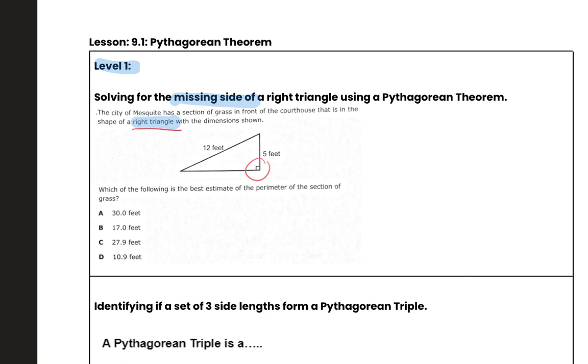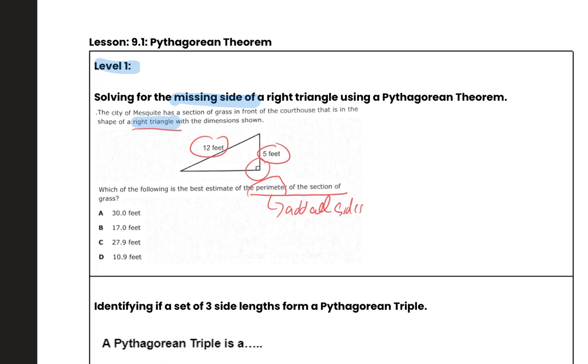Which of the following is the best estimate of the perimeter of the section of grass? Perimeter means add all sides. We know this side is 5, and this side is 12.